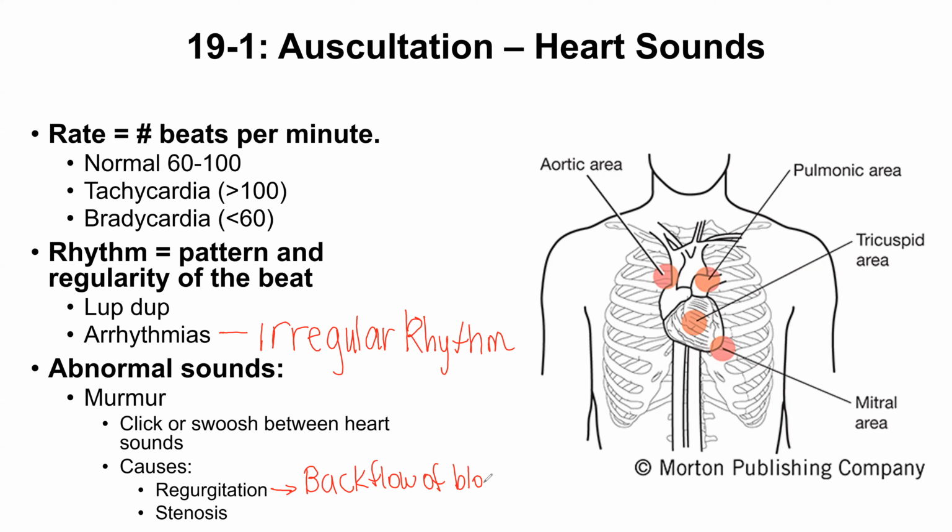So for example, instead of going from the right ventricle out the pulmonary trunk, now we go from the right ventricle back into the right atrium, and that would be blood that's being regurgitated. It's moving backwards.